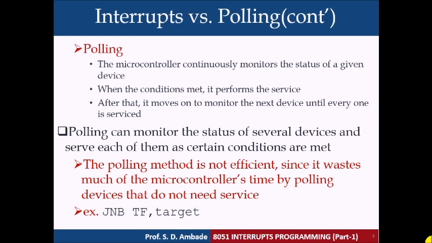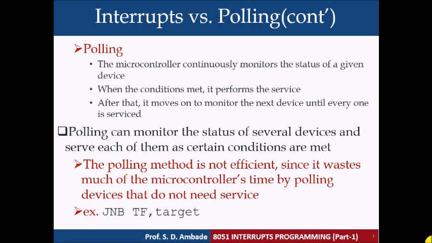This is the example, friends. JNB TF, target, where target is the label. We have used this instruction in timer programming, where the microcontroller needs to continuously monitor the status of the TF flag.